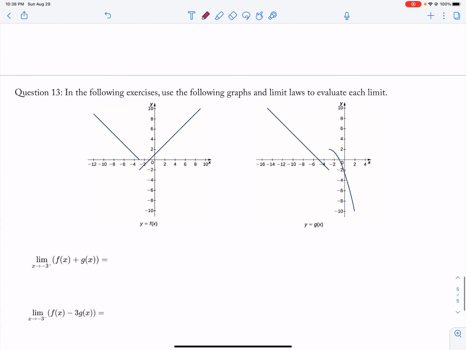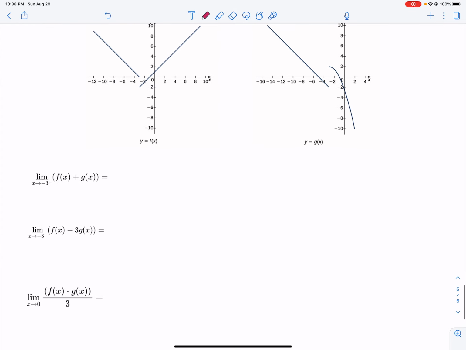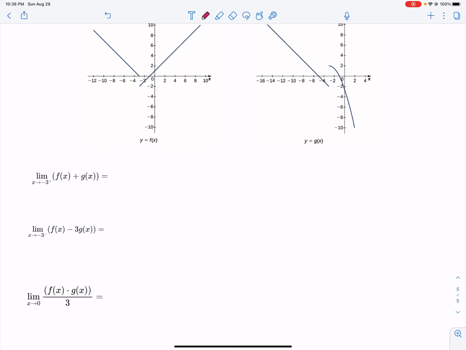I'm only going to do a couple of these just so that you guys can see. I'm looking at the limit as x approaches negative 3 from the plus side. So f of x is here at negative 2, and then my g of x is here at positive 2.